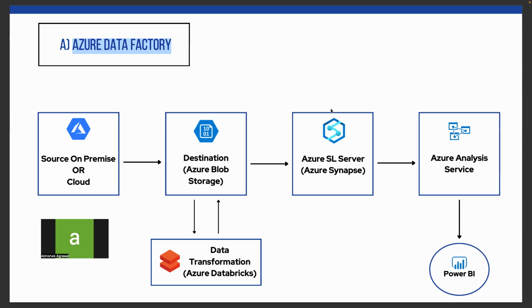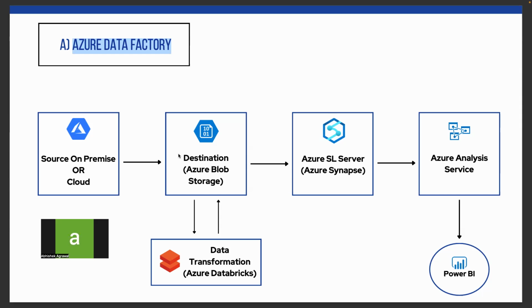But suppose you're getting a JSON file, XML file, or a different file format, you can store it in the data lake. You can transform using Databricks, write it back, and then move to Synapse. So here you can store any kind of data. That is why there are two main reasons for this. It is a staging layer first of all, and you maintain all the history of the data.